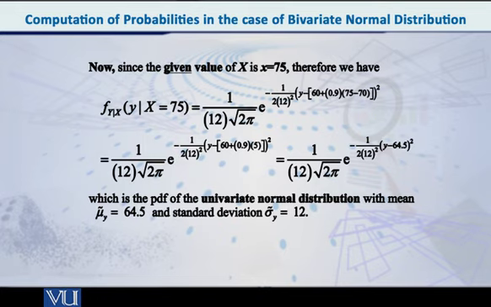F of y given x equal to 75 is equal to 1 over 12 into square root of 2 pi into e raised to minus 1 over 2 into 12 square multiplied by y minus 64.5 whole square. So it is obvious that for this particular conditional distribution, the mean of this distribution is 64.5 and the standard deviation is 12.